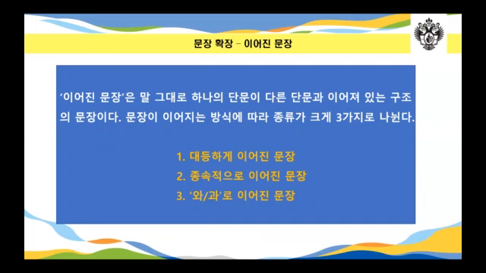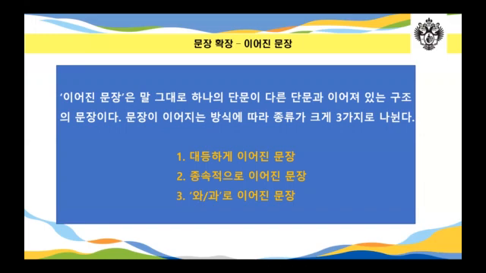Everyone please see the orange text. Number one, sentences connected in parallel, 대등하게 이어진 문장. Number two, sentence connected as dependent, 종속적으로 이어진 문장. Number three, sentences connected with particles 와, 과.